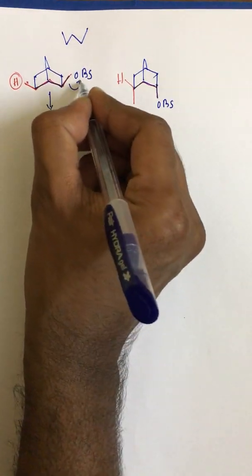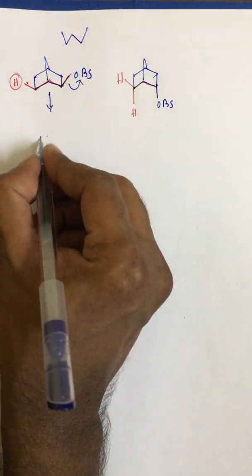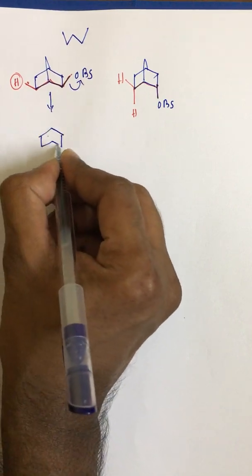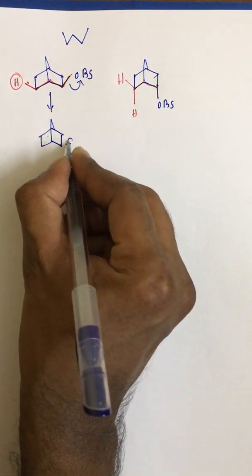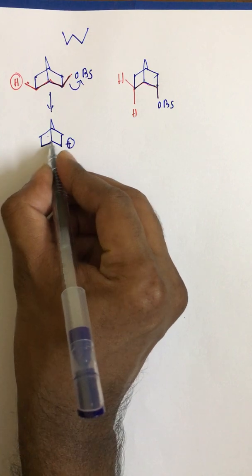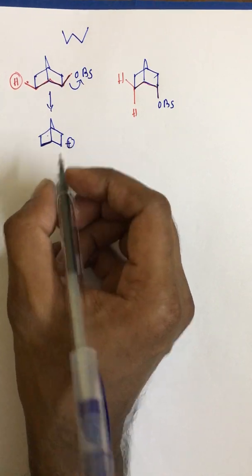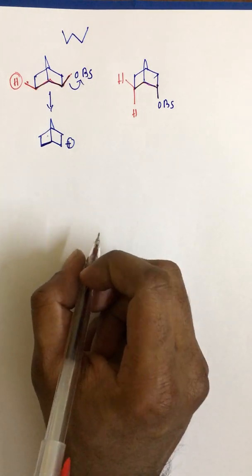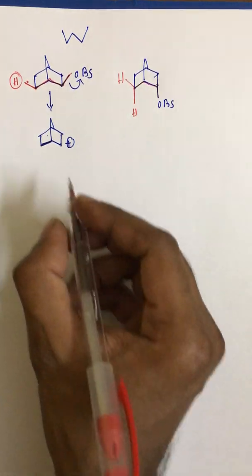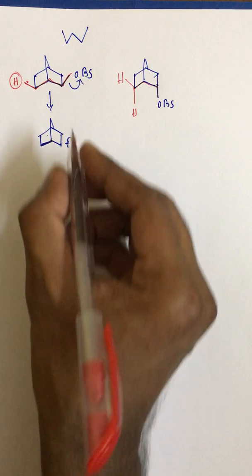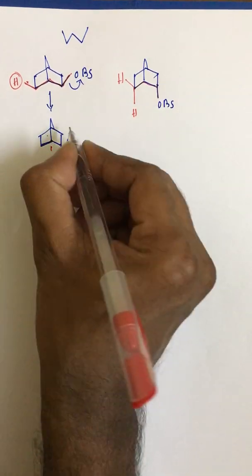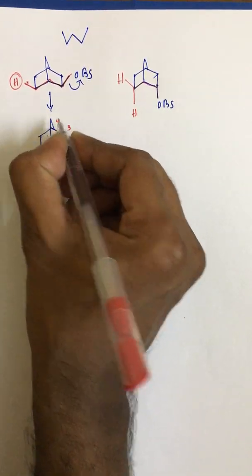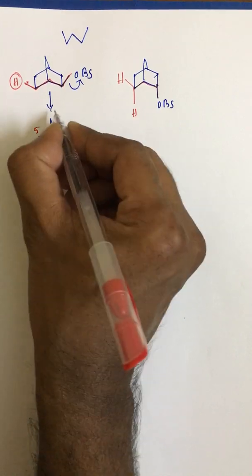Initially this leaving group gets eliminated, and there is a positive charge here, and now this bond. Just remember, whenever you give numbers in a bicyclic compound, you should start from the fusion point, this point. So this will be 1 2 3 4 5 6 7.